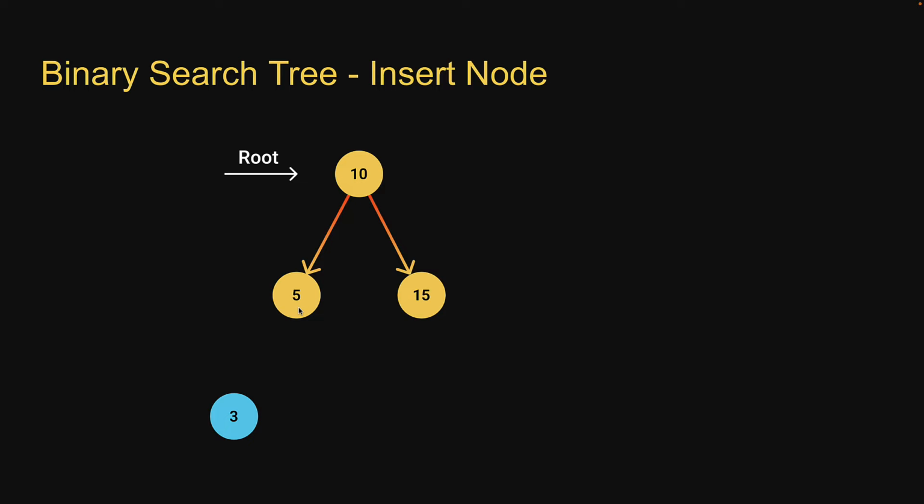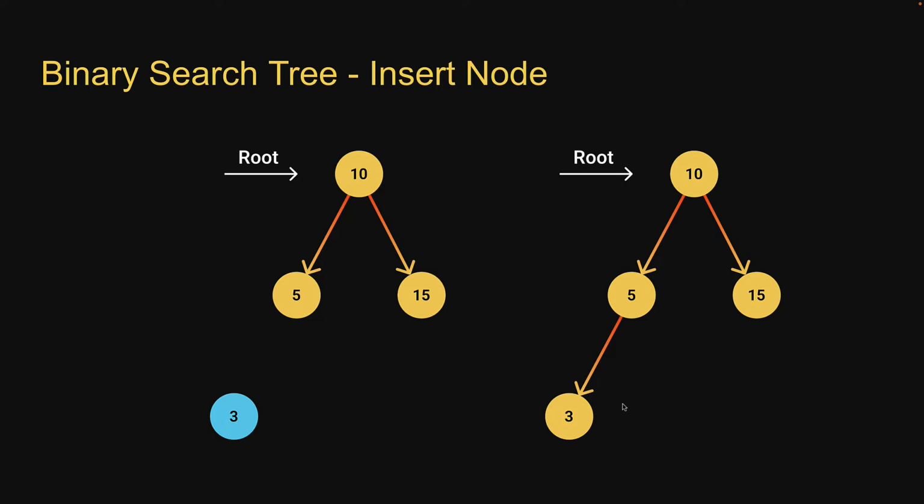We check if the left child, which is 5, is present. If it is, we compare 3 with the left child. 3 is less than 5, so we focus on the left-hand side of 5. We now check if 5 has a left child. It does not, and we insert 3 as the left child node of 5.